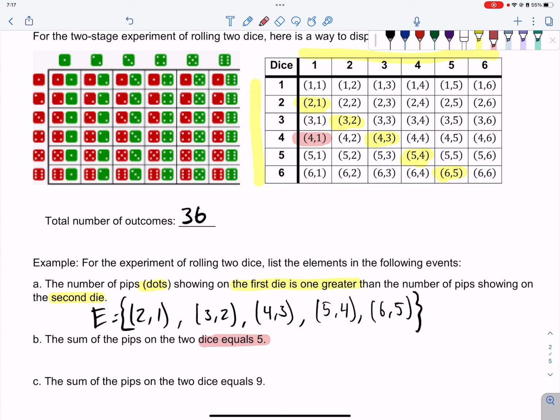If I follow the diagonal going to the right, going upwards, 3, 2, 2, 3, and 1, 4, those will all as well add up to 5. And those are the only ones on the entire table that will add up to 5. So the things in this event are 4, 1, 3, 2, 2, 3, and 1, 4.